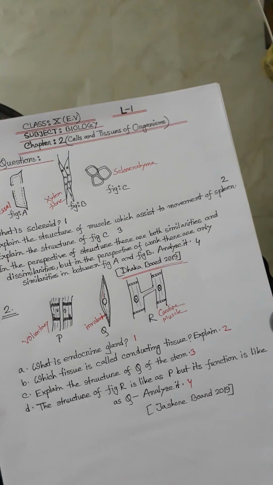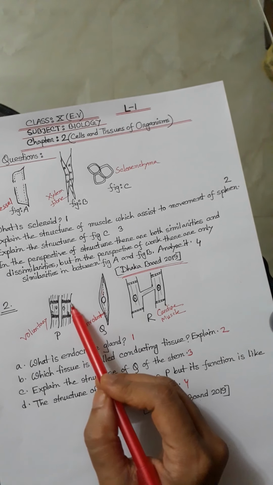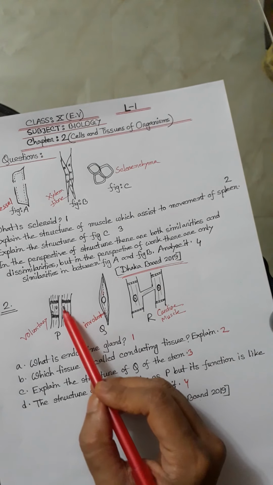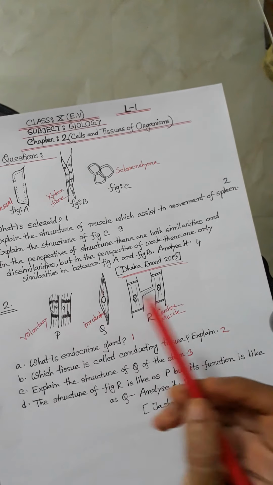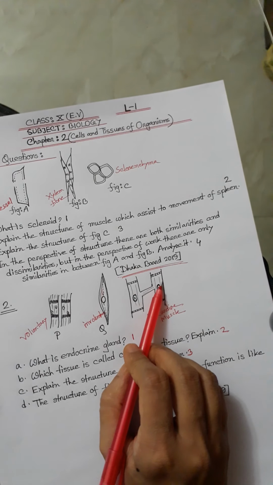The cells of this tissue are tubular, very similar to those of voluntary muscle, branched, and have transverse striation.